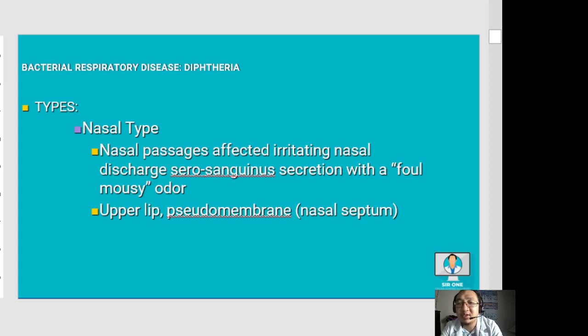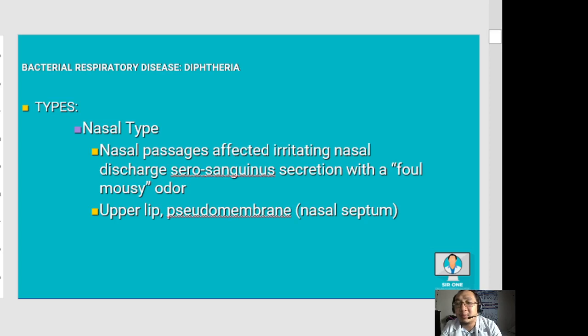So there are certain types of this disease, and the manifestations are clustered into different types. First, we have the nasal type. The nasal passages are affected, with irritating nasal discharge. It is usually serosanguinous in character, and it has a foul, mousy odor.